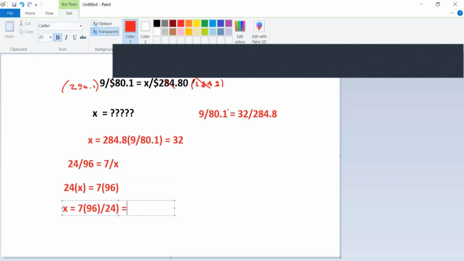So the answer is going to be 28, right? That makes sense? In this case, we cross multiplied because I wanted the X on top. But I want to get X by itself, so you've got to divide both sides by 24.